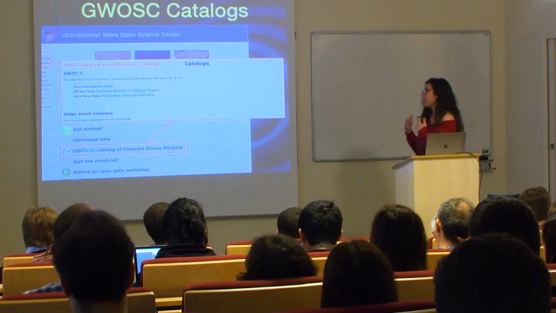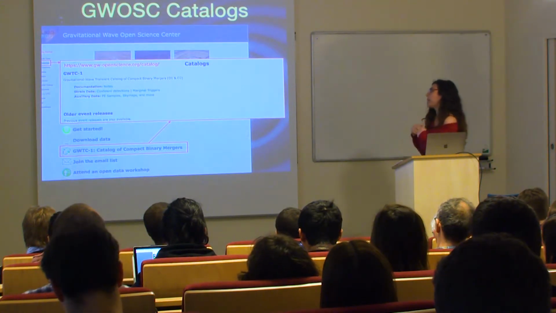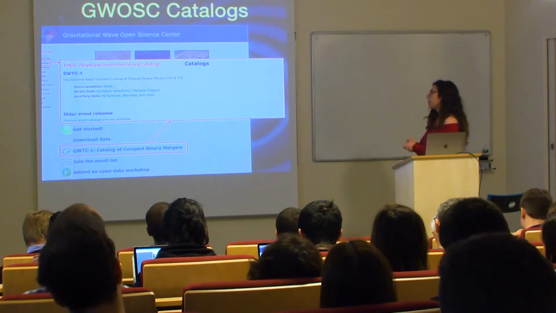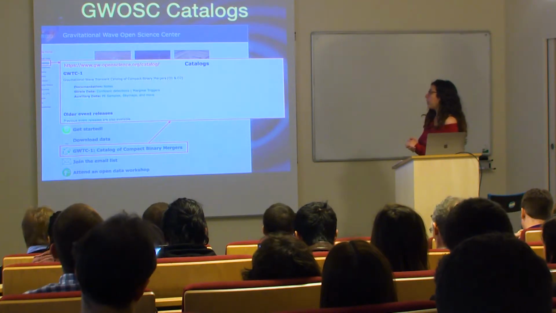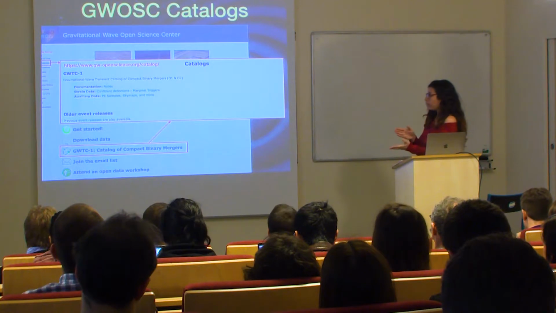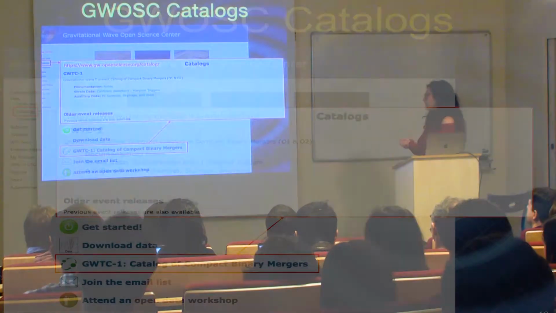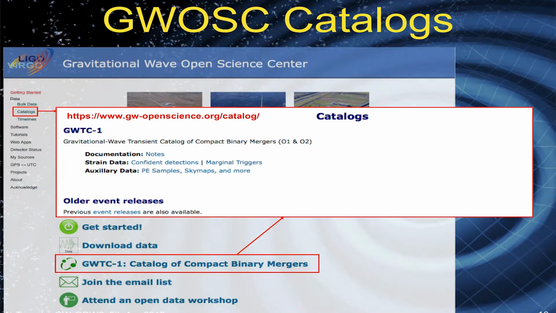As I said, every release is accompanied by a lot of documentation, and in this case, for the catalog, we have 11 confident detections and 14 marginal triggers. And then you also have auxiliary data. In this case, you have strain data, samples, posterior samples, and so on.